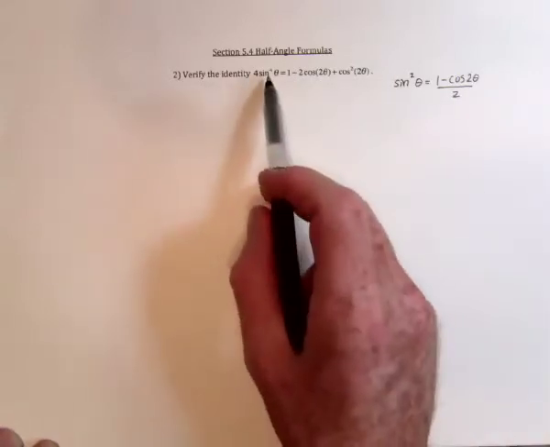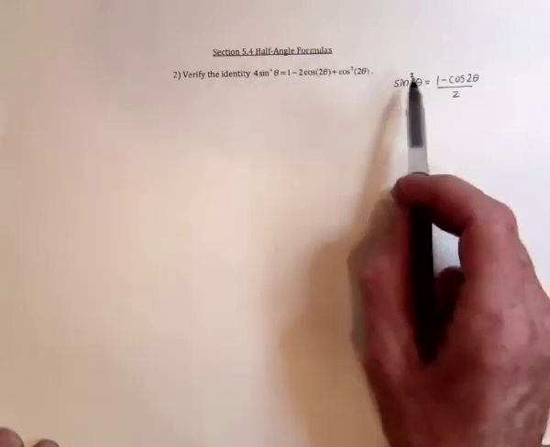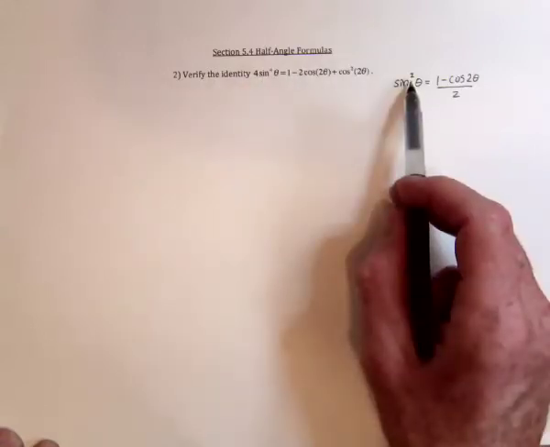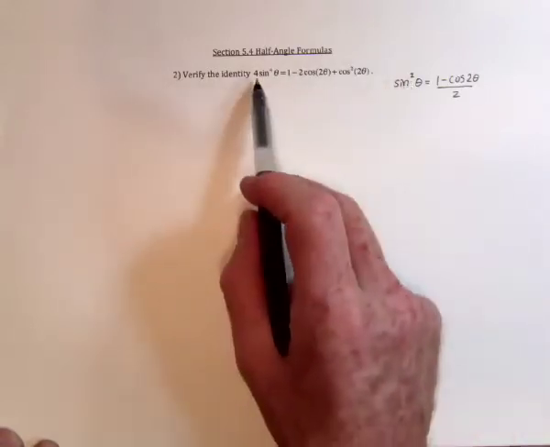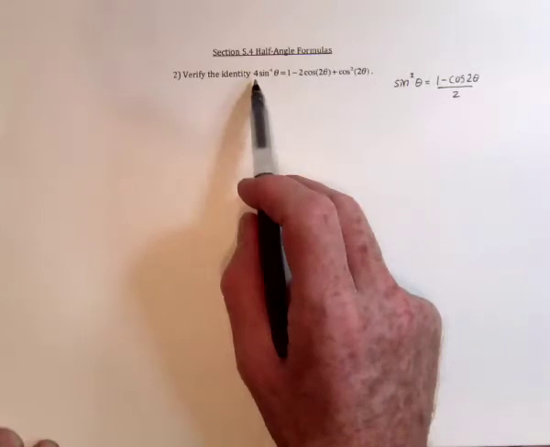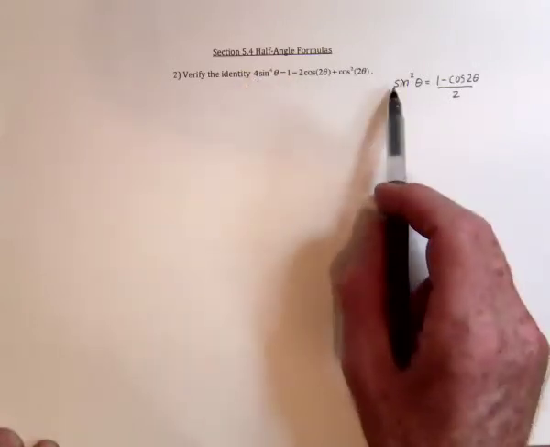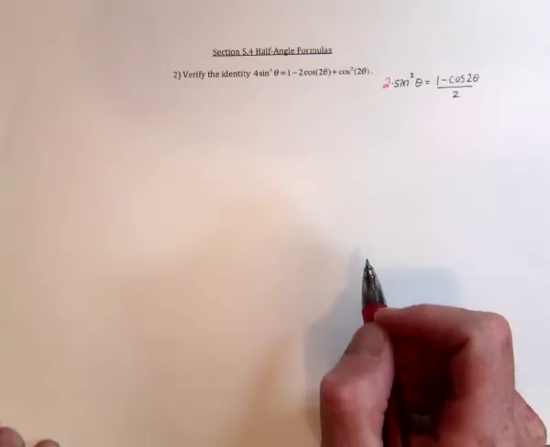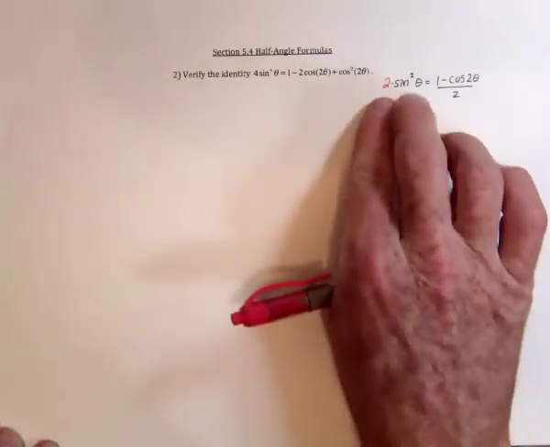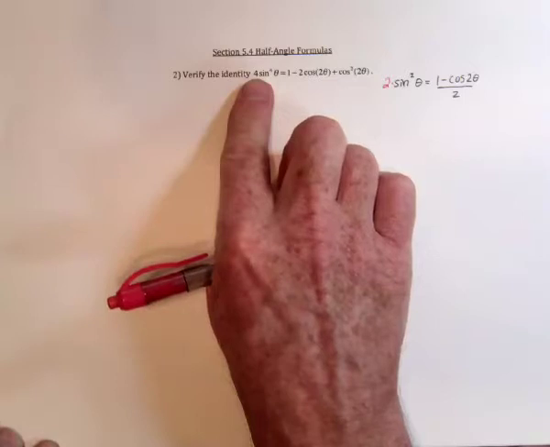Now this one has sine to the fourth, which means that I'm going to need to take this and square it. Also, this has a 4, so before I square it, I need to multiply by 2. So I need to have 2 sine squared, and then later I'm going to square that to get that.